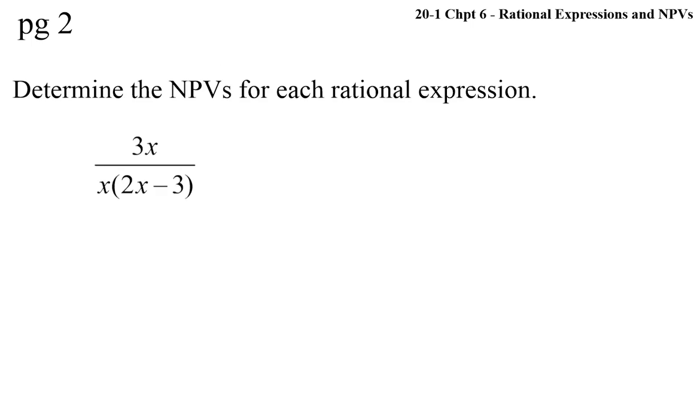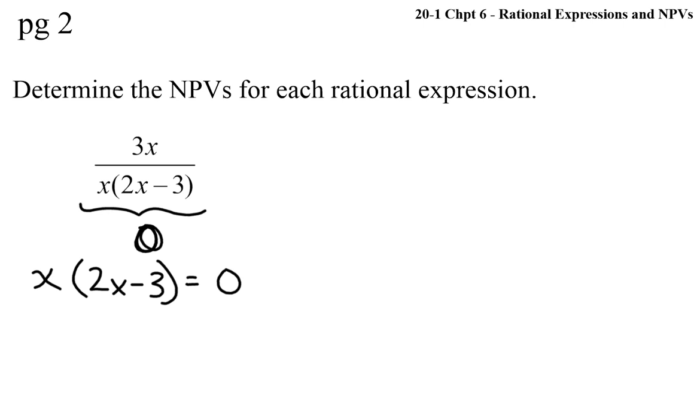So if we take another example on that page, we have 3x over x bracket 2x minus 3. So again, if I have this denominator equal to 0, that's a bad thing. Well, I have x times 2x minus 3. What would create a value of 0?